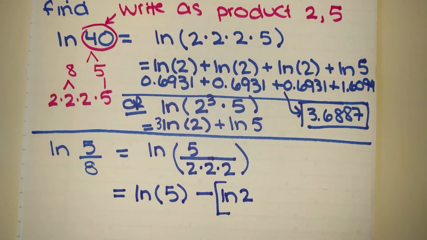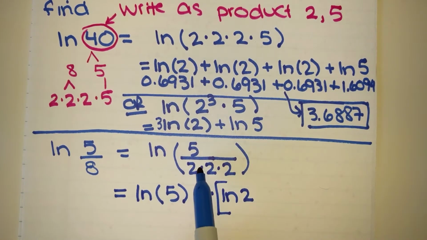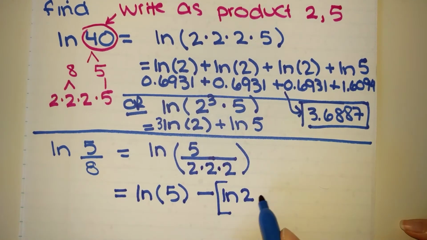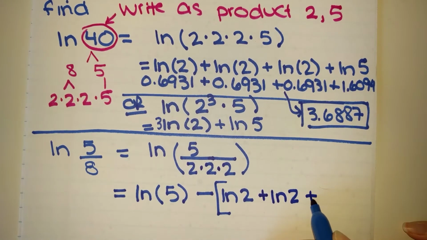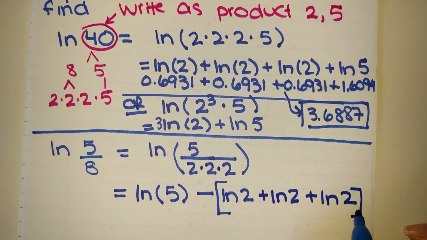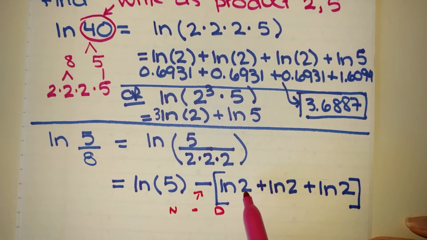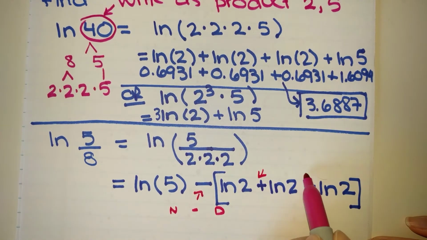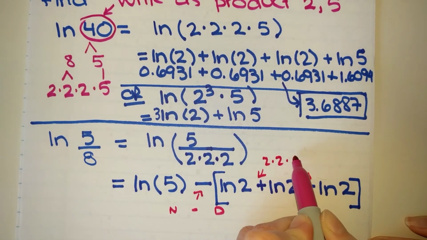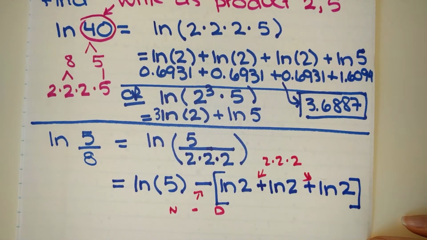Because we have multiplication inside of the denominator, this will become natural log of 2 plus natural log of 2 plus natural log of 2. So this subtraction is coming from numerator minus denominator, but all of these plus 2's are coming from the fact that you have 2 times 2 times 2 inside of that denominator argument.